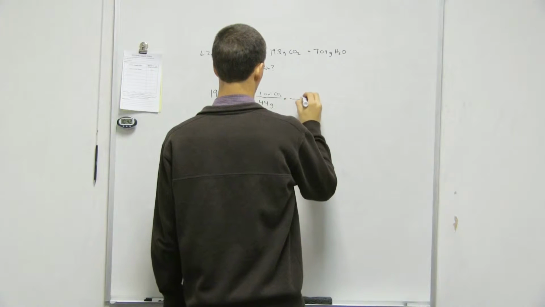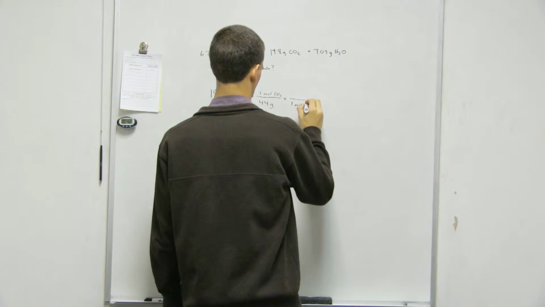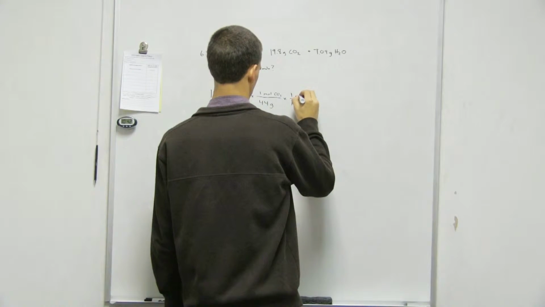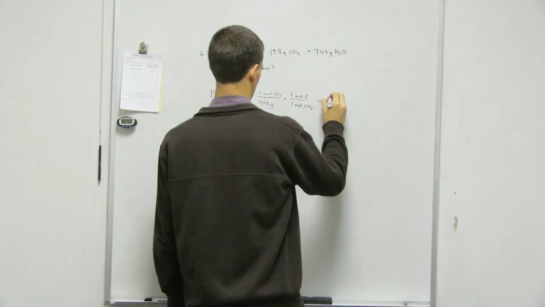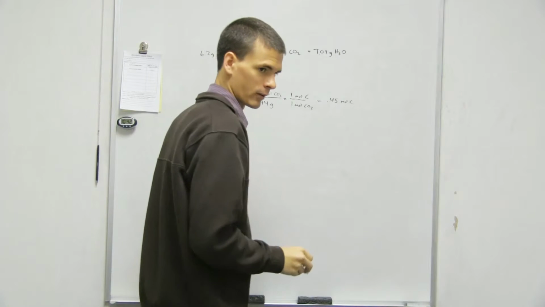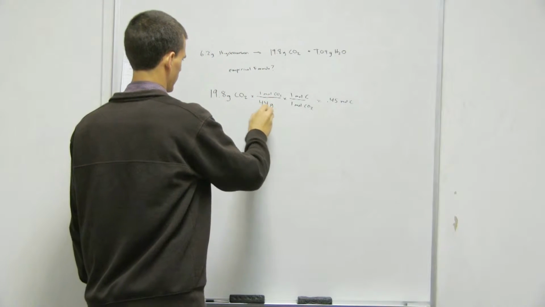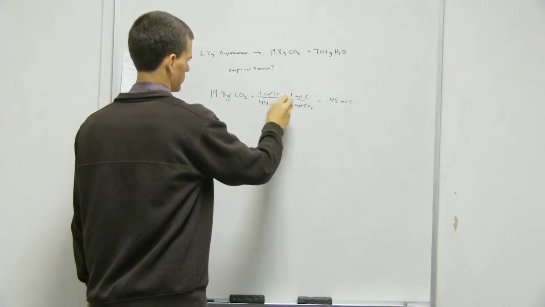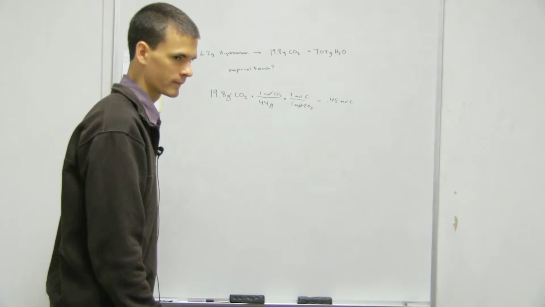Because 1 mole CO2 is equal to 1 mole C. So that's 0.45 mole C. Our grams cancel, moles CO2 cancel, and that's just mole C.